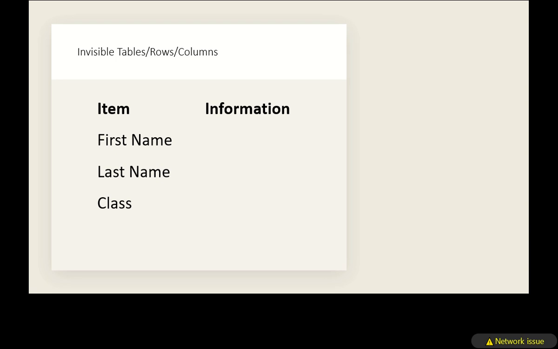So why do we have invisible rows and columns? Sometimes you are making forms. You see different forms, questionnaires. So it helps you in that. The information is arranged in question and answer. But you are worried that if I just type it as text and then I keep on editing it, the question may go somewhere else, the answer may go somewhere else.